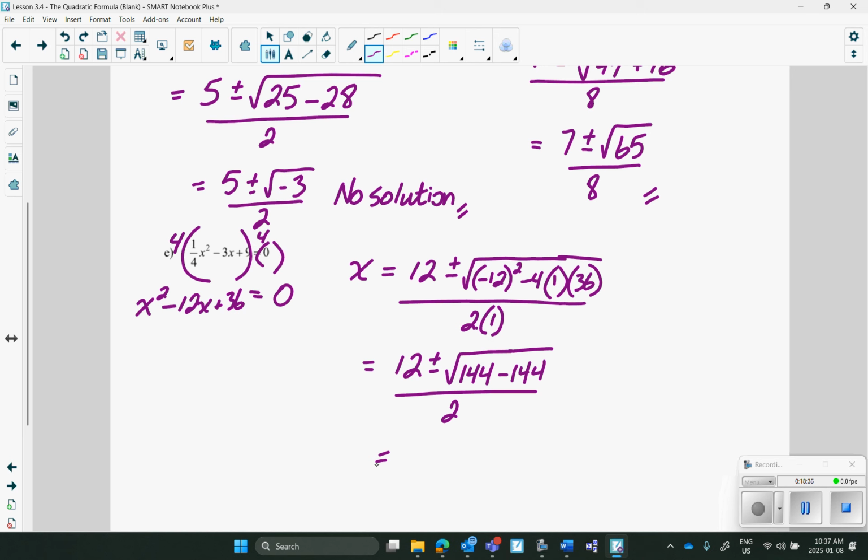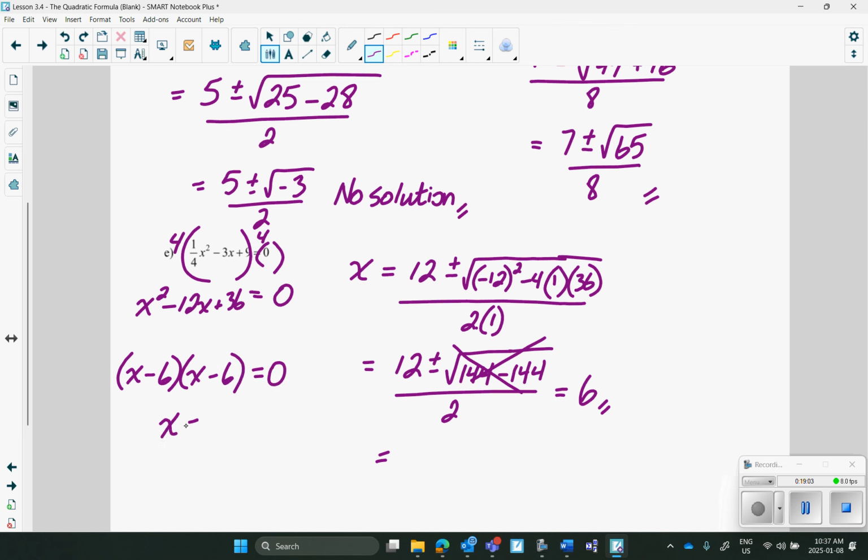Well, this is just going to become 0, isn't it? So the plus or minus doesn't matter here. All I'm left with is 12 divided by 2. And you'll find if you factor this, you would get x minus 6 times x minus 6 is equal to 0.